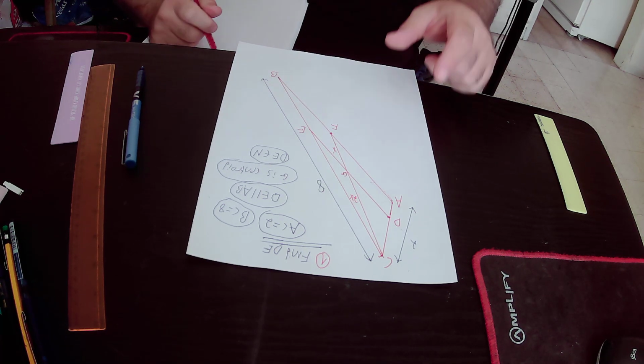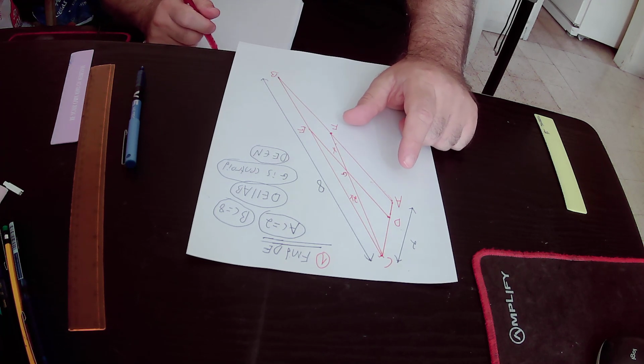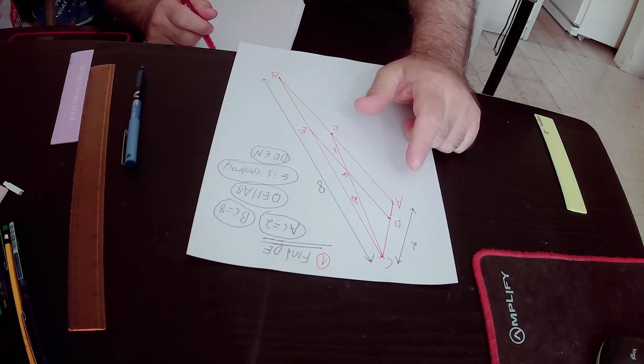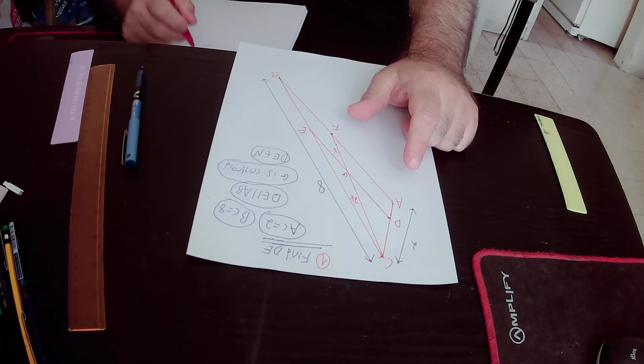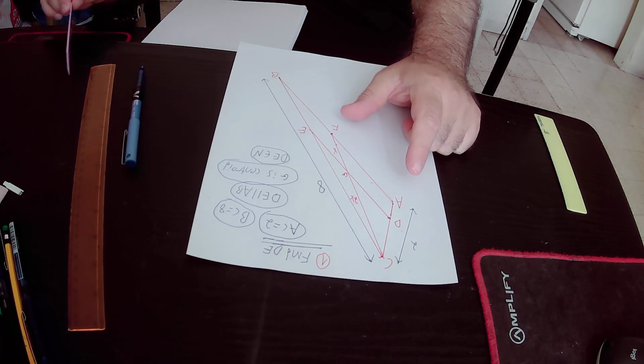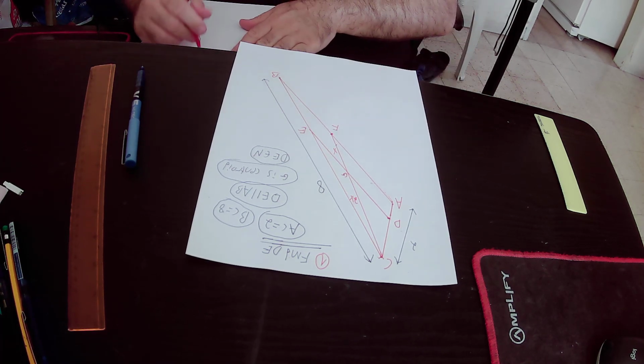if we relate to triangle CAF, we know that DE is parallel to AB.